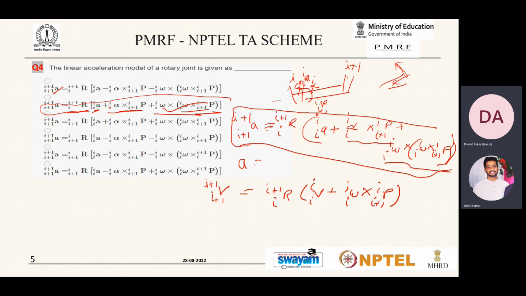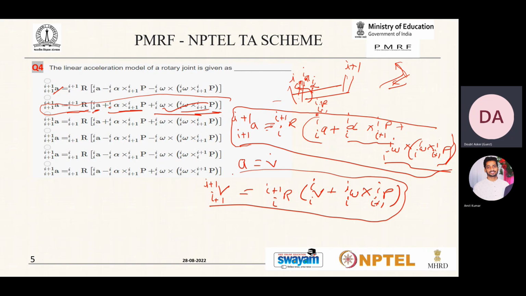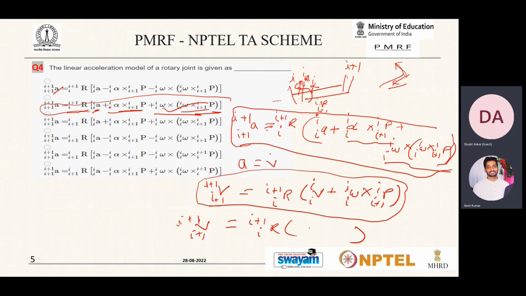Now A is nothing but v dot, right? So you can differentiate this. If you take v dot I plus 1 to I plus 1, this will not change, and you can take the differentiation of this part. You can use the chain rule, and if you do the differentiation, you will get the same thing as we have discussed here. You can try to do this by yourself and see whether you get the same result or not.